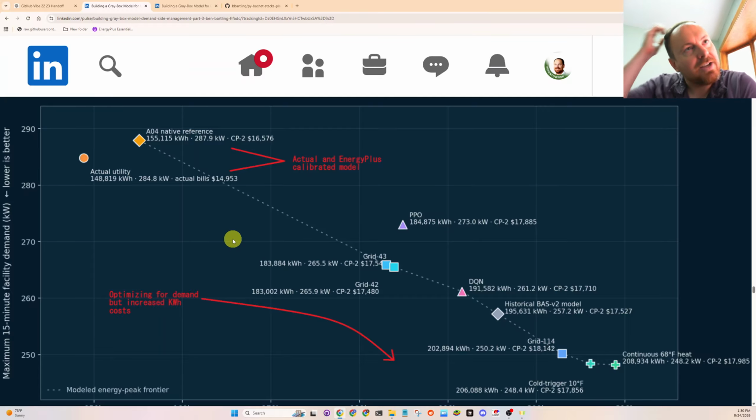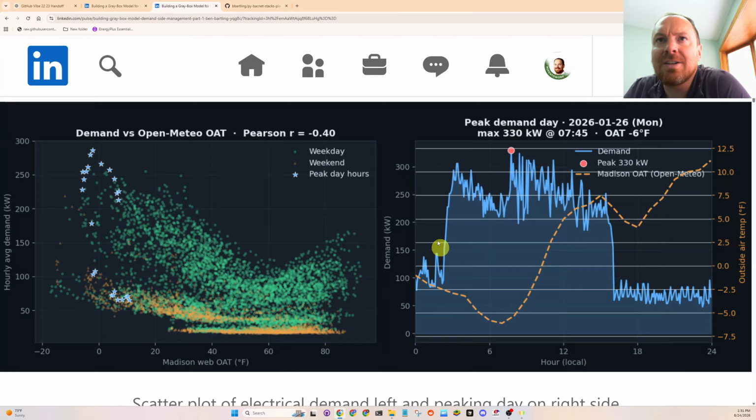Okay, so on this chart here, the actual utility usage was 150,000 kWh, 284 kW. And this is with the building automation system having an optimal start algorithm. You can kind of see that in here.